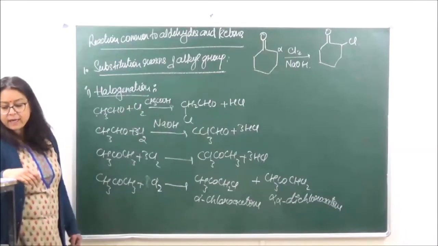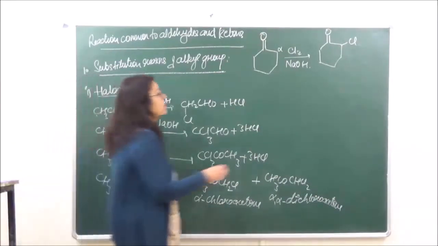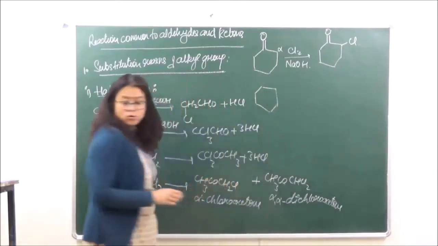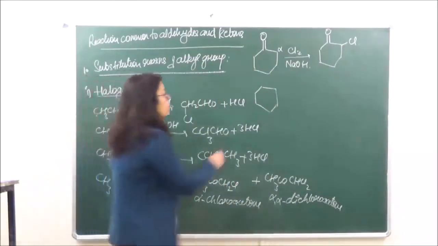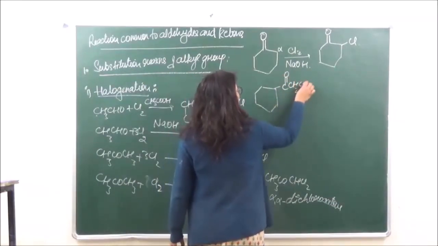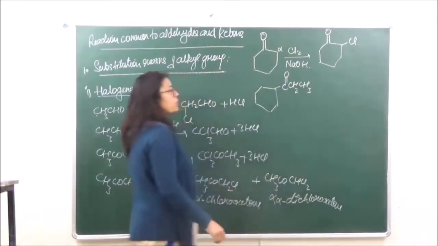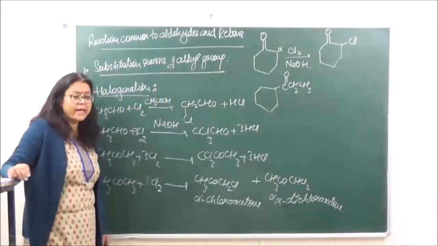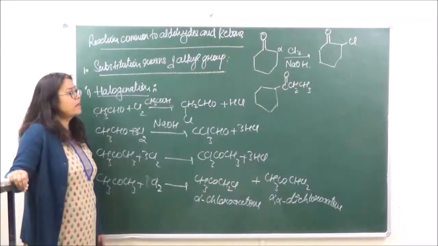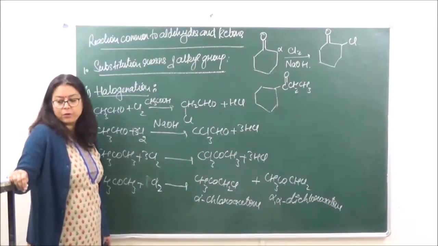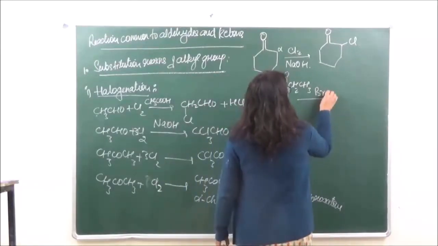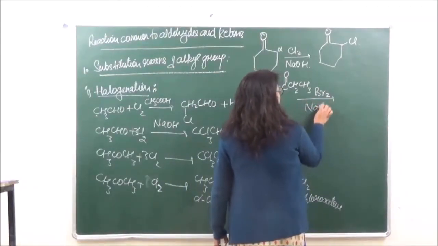Okay, and if we are having over here a compound of the type, the IUPAC name of this is going to be 1-cyclohexyl propanone. We are doing the bromination of this in presence of NaOH.